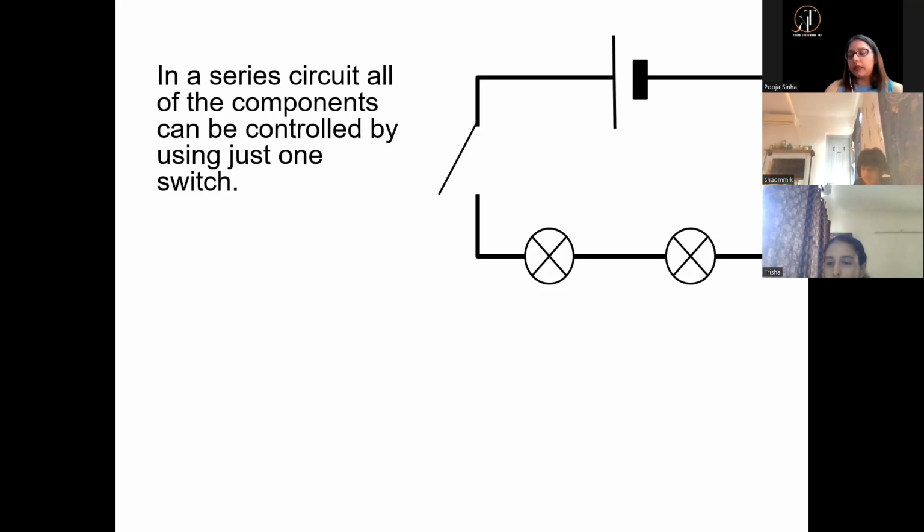So it's an advantage, but it is a disadvantage as well, because unnecessarily you will be using a lot of energy. So this becomes one of the disadvantages of a series circuit: if all the lights are in series, then when you switch it on, all of them will be switched on. If you switch it off, all of them will be switched off.